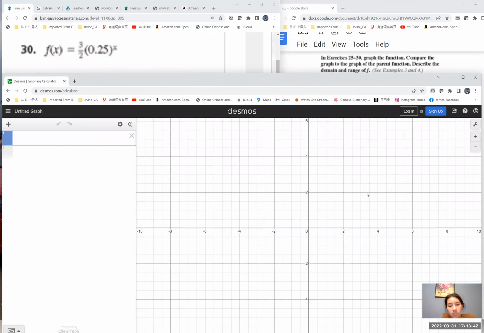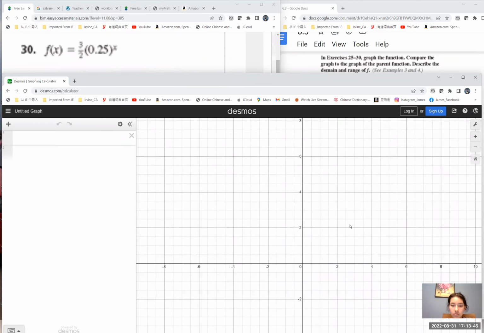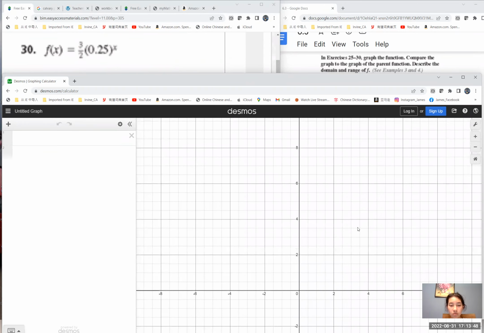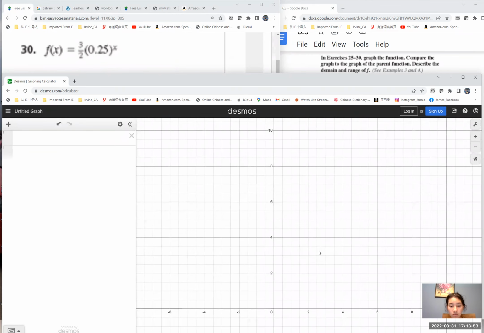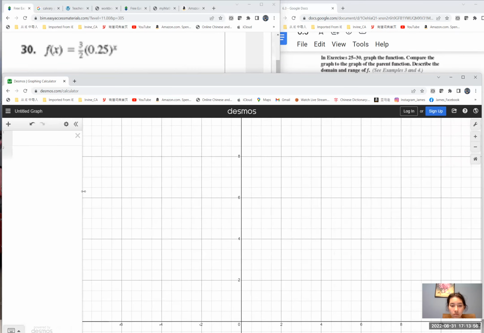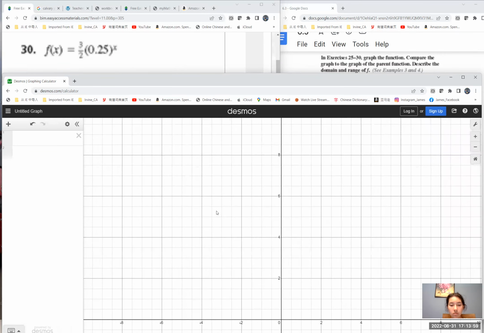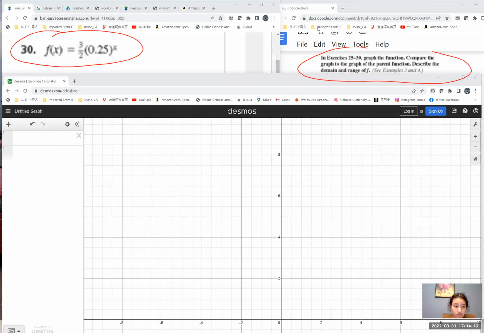Yeah, anyway, let me say graph. Okay, the problem is here. The requirement is here, right? The first thing is to graph this function. How will you do it? Yeah, find some points, especially the key points.